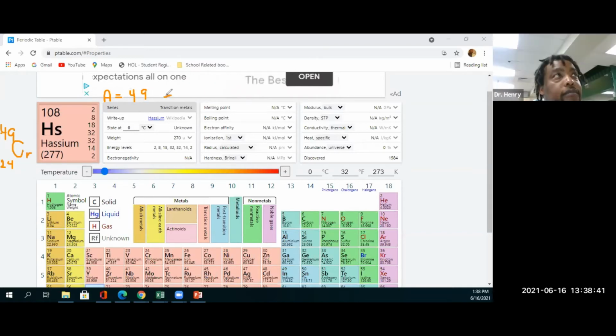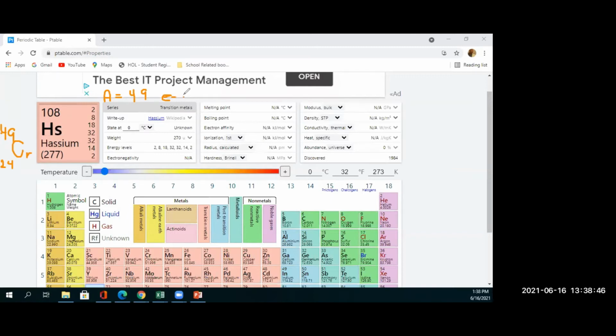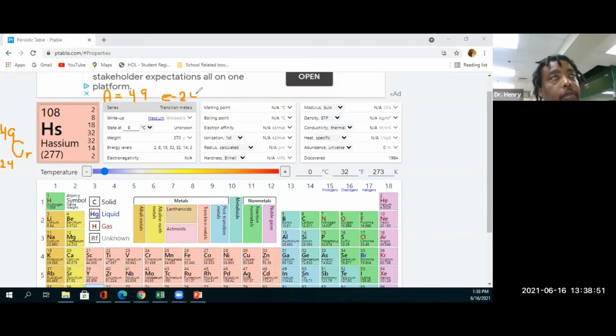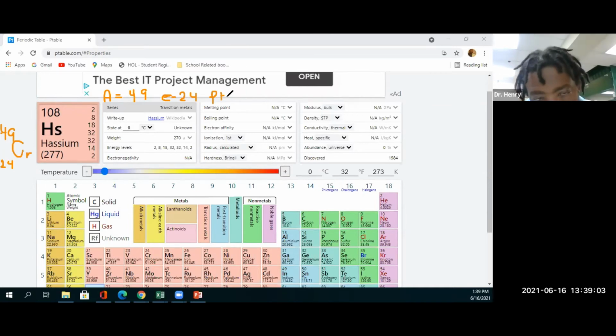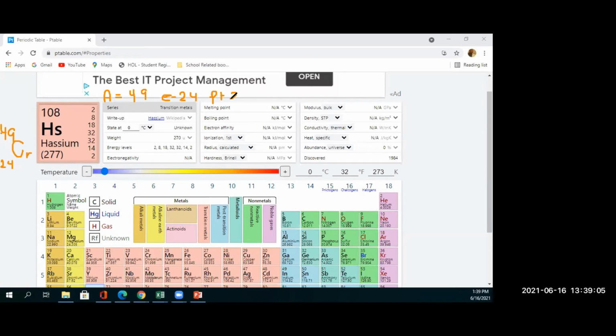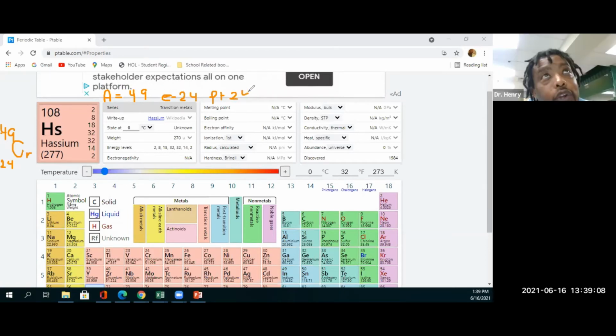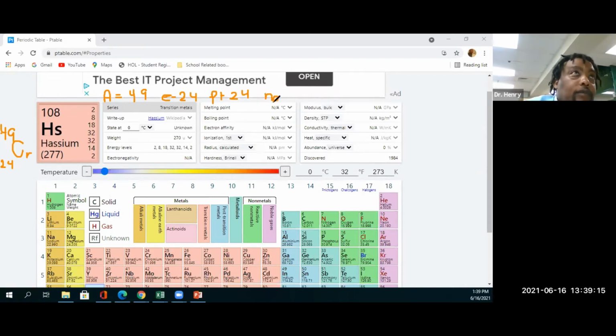How many electrons does chromium 49 have? 24. How many protons? 24. How many neutrons? 25.